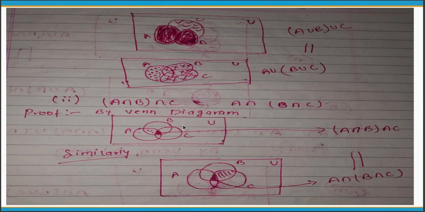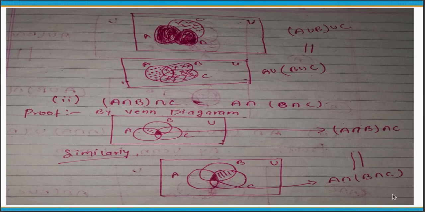Now similarly for intersection, (A intersection B) intersection C by Venn diagram. A intersection B, this is the part. Now intersection with C, this is the only shaded part, and leave this part.